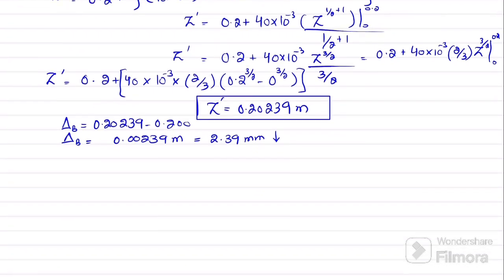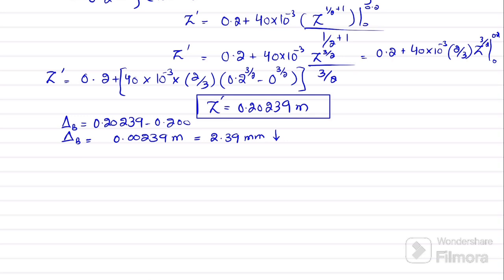Now in our next part we will solve for the normal strain in the rod. As we know, average normal strain in the rod is equal to change in length divided by original length.